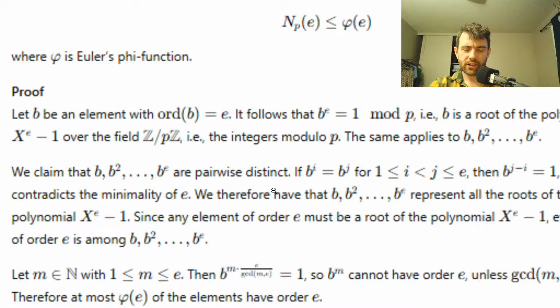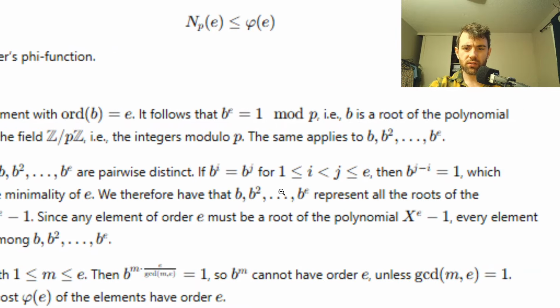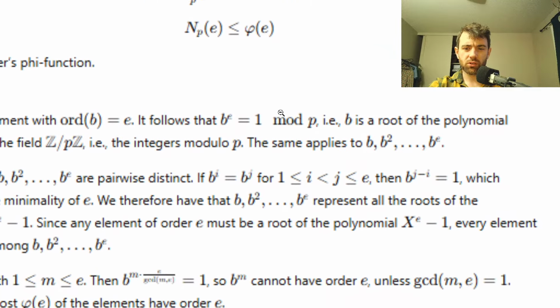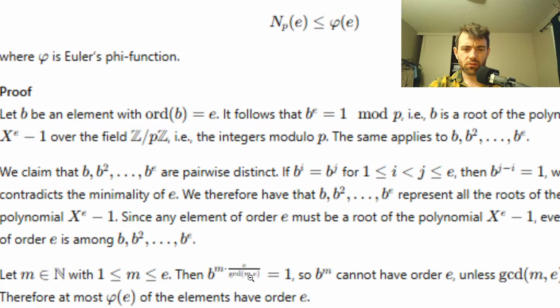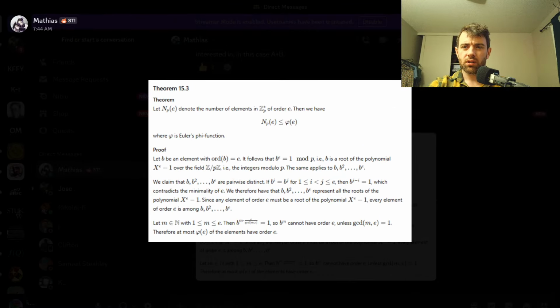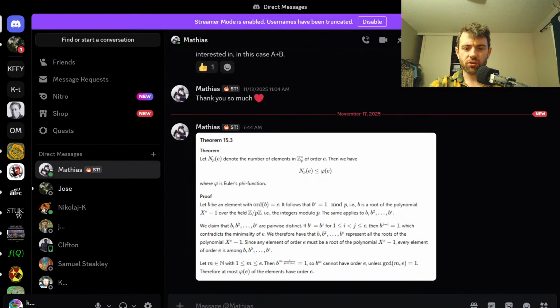Okay. Let's see. e is the order of b. We therefore have that these represent all the roots of the polynomial. Okay. So why is this true? Right. Well, because you have this divisor.